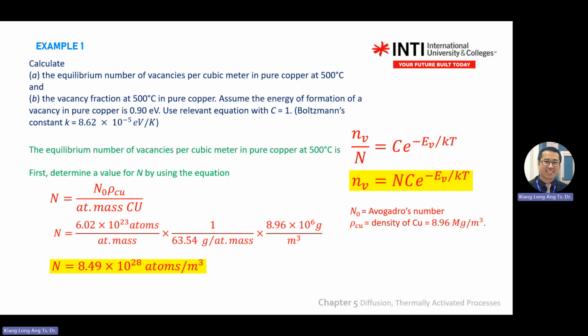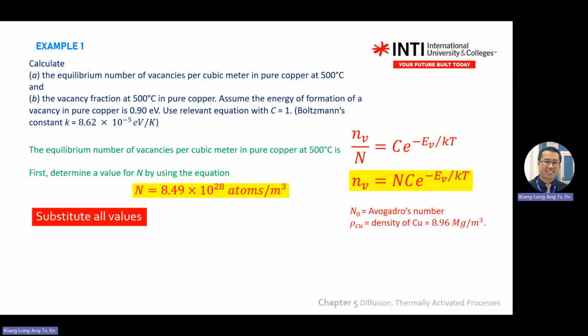Once you find your N, you substitute all the values. C is given. Press your calculator, E exponential bracket minus EV. EV here is given, 0.9 eV. We substitute 0.9 here.